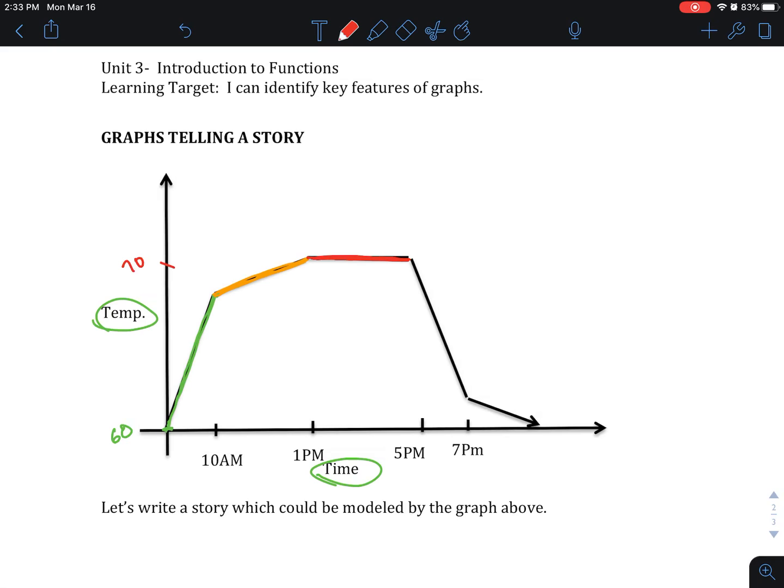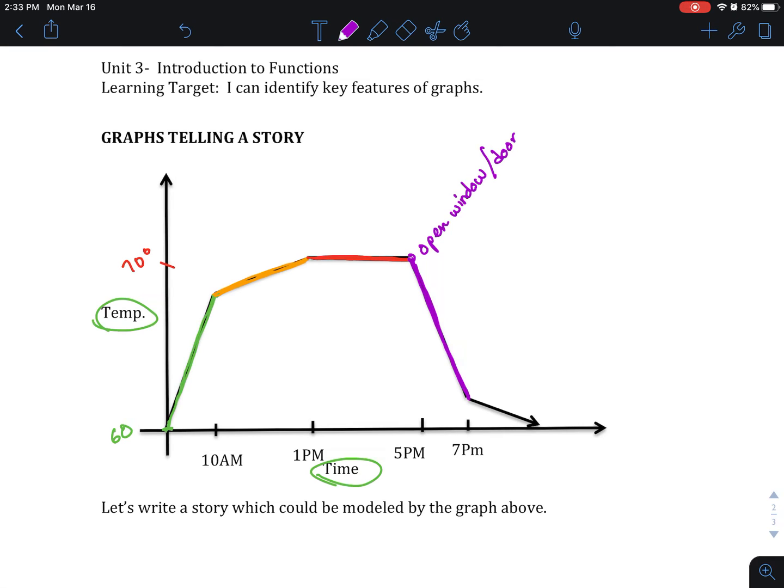Maybe it's 70 degrees, I don't know. But it levels off. And then at 5 p.m., something happens. Something happens at 5 o'clock where the temperature falls in the house really quickly. Maybe we opened a window. I don't know. An open window or an open door. Something that allows the temperature to fall in our house really quickly.